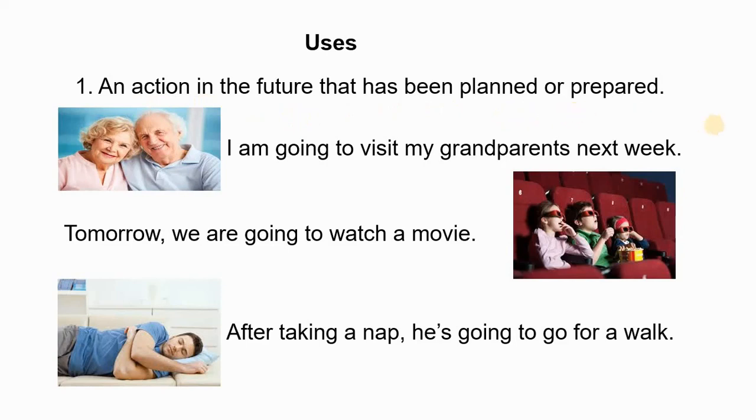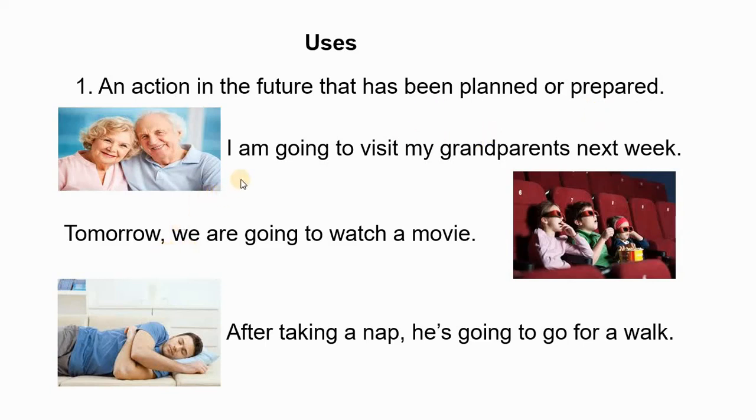So that is in future tense, and we use it to describe something going to happen in the future, and we have planned it or it is already prepared. So we know it is going to happen. Let's look at some examples.